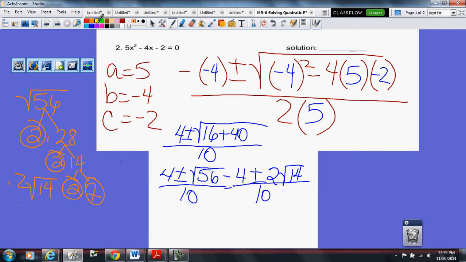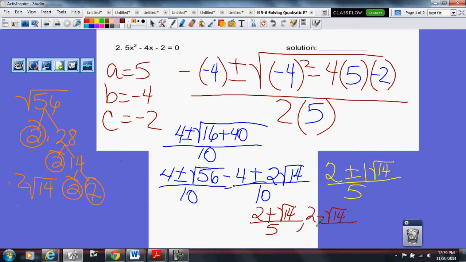So now what I want to do is I want to reduce that, because 4, 2, and 10 are all divisible by 2. You never reduce what's out of the radical. So when I reduce the others by 2, I end up with 2 plus or minus, and you can put the 1, but you don't have to, square root of 14 over 5. So to write my final answer separately, I would have 2 plus square root of 14 over 5, as well as 2 minus square root of 14 over 5.